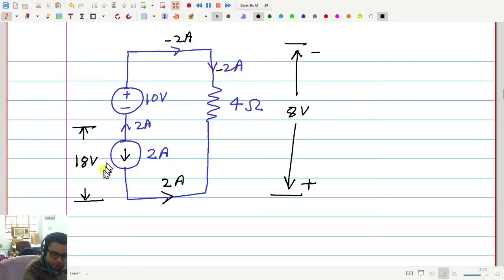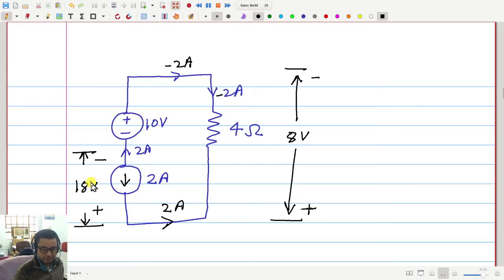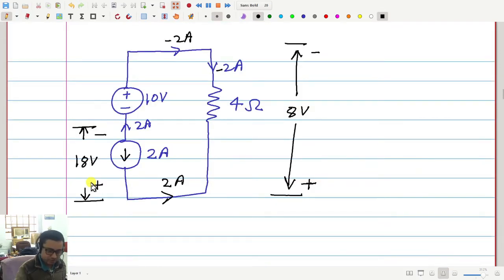18 volt with which side positive? Lower side positive. Okay, lower side, fine. I think upside positive, no? No. Sir, it's opposite current, minus 2 amperes. Let's apply KVL.